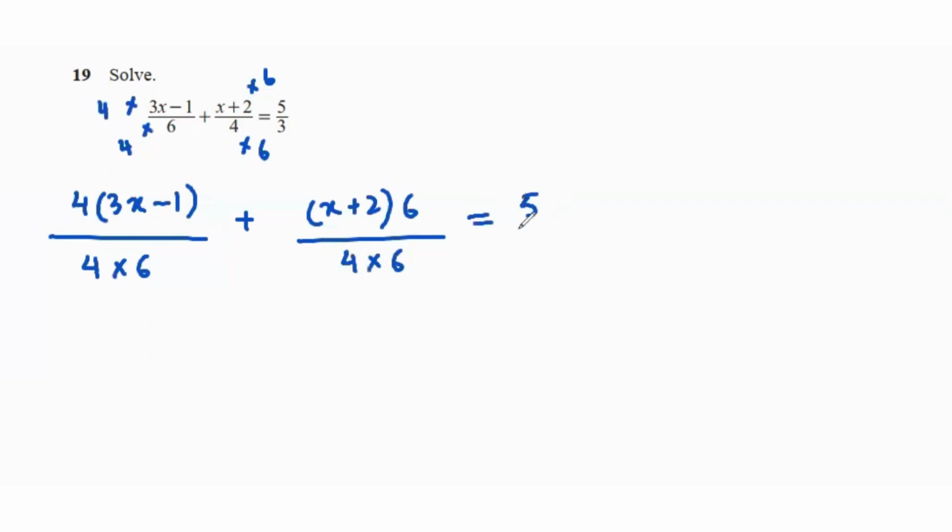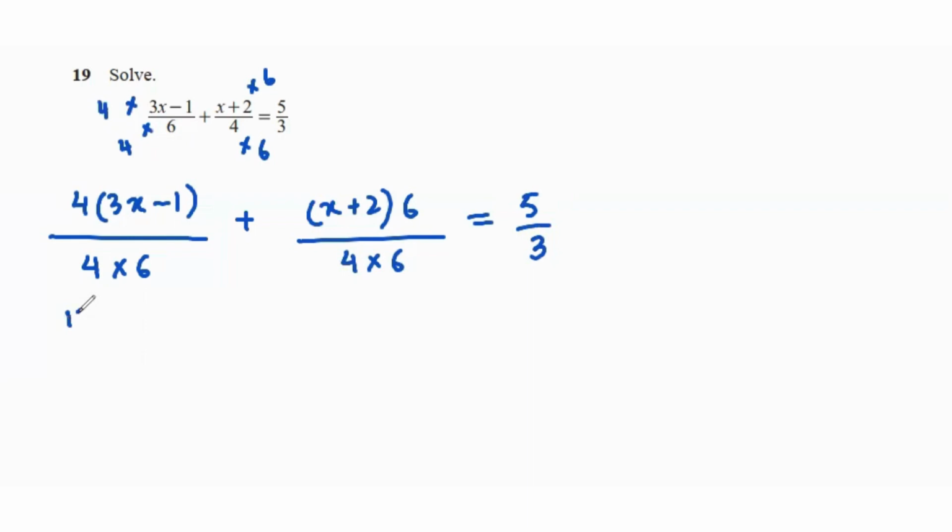This entire thing equals 5 over 3. We will not multiply anything by 5 over 3 yet, because it's not being added to the left hand side. It's just equal to 5 over 3. So we just leave 5 over 3 as it is for now.